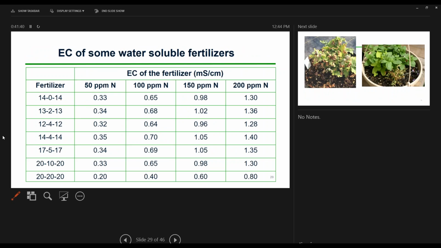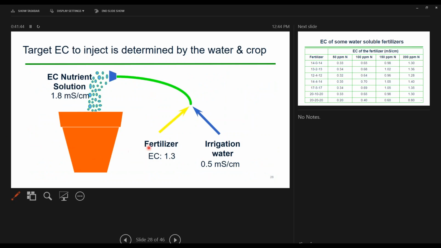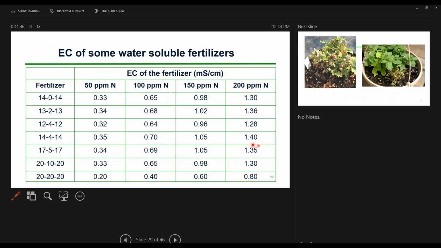And most of you know how to do this, but basically you say, okay, I need to put, we said here 1.3. So let's say we're using this fertilizer or this one, then you know you have to apply 200 parts per million nitrogen. And this is one of the good examples that it's important to look at, because if a grower tells you, oh, I feed my crop with 200 parts per million nitrogen of this fertilizer, it's not always the same thing that you can do if your neighbor does it, because their water quality might be different.